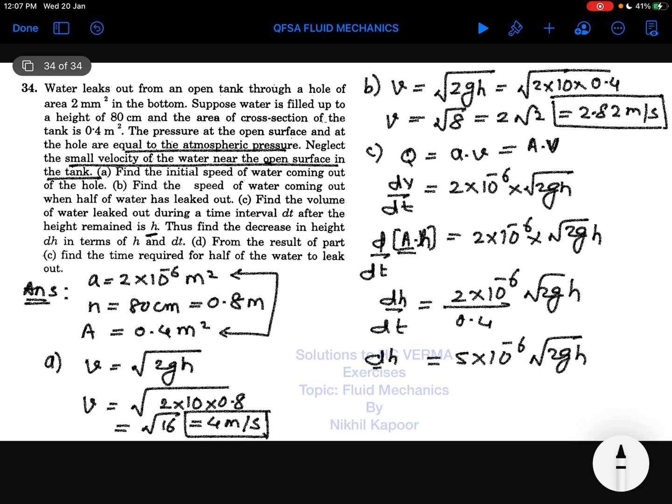So the height of the water is decreasing at this rate. That is the decrease in height, because the water level is decreasing from the open end. Here this is the opening and this is the surface of water which is coming down, so the height of the water is decreasing. From the result obtained in part C, find the time required for half of the tank to leak out. Okay, then at the next page.